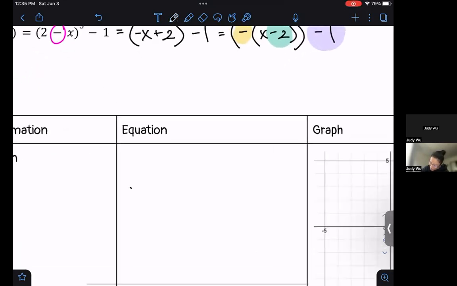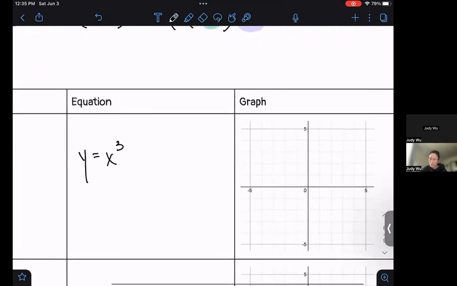So our parent function this time looks different. We're starting with a different picture. And for the cubic ones, the only points I really want us to graph are 0, 0, 1, 1, and negative 1, negative 1. But make sure that it has a little curve to it and not just a straight line through that, okay?